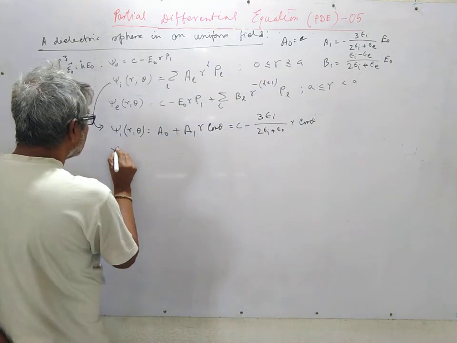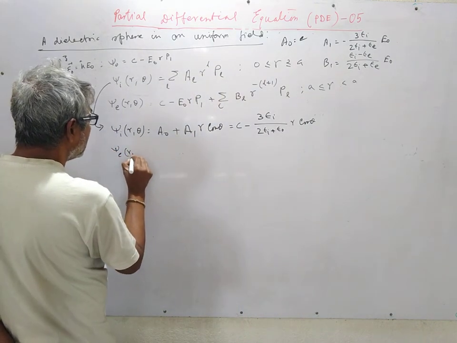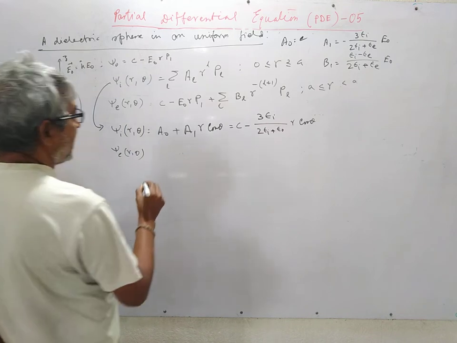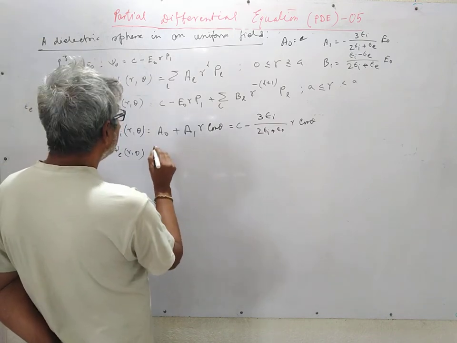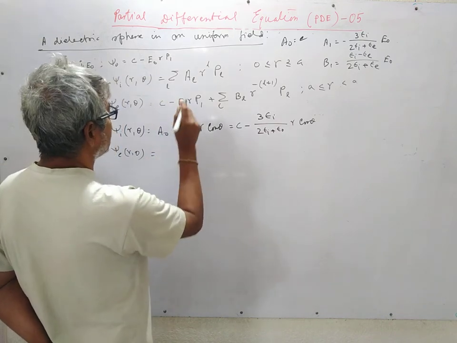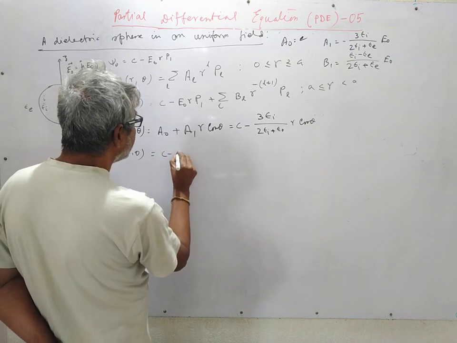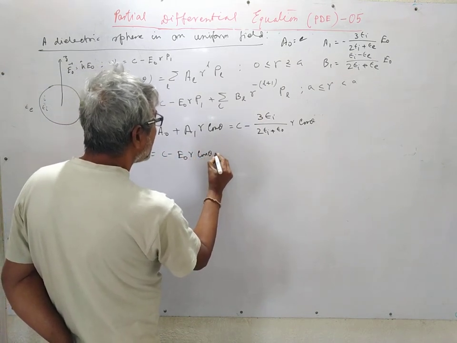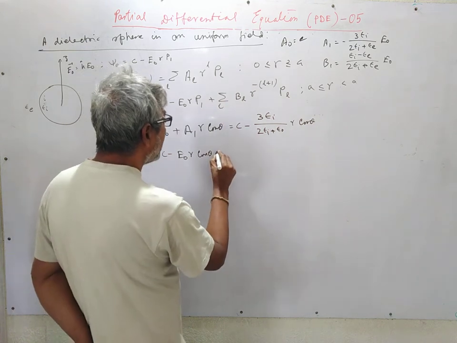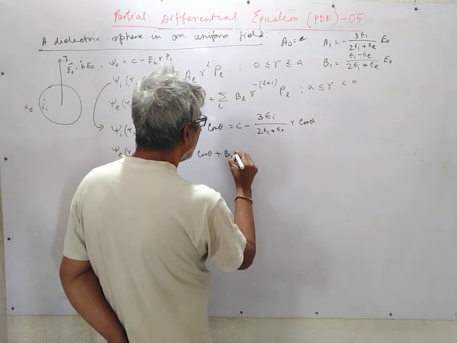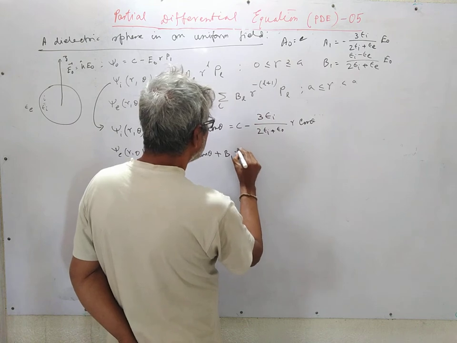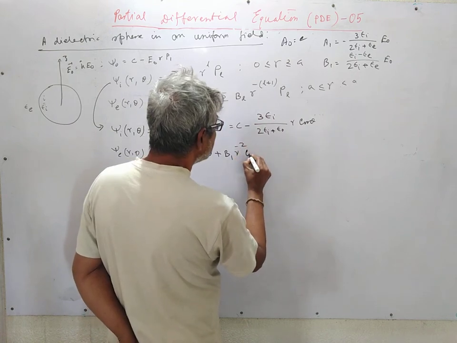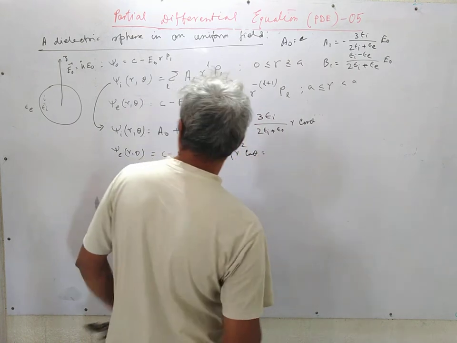And for the external region, we have phi external is C minus E0 r cos theta plus only the B1 term, B1 r to the power minus 2 cos theta.